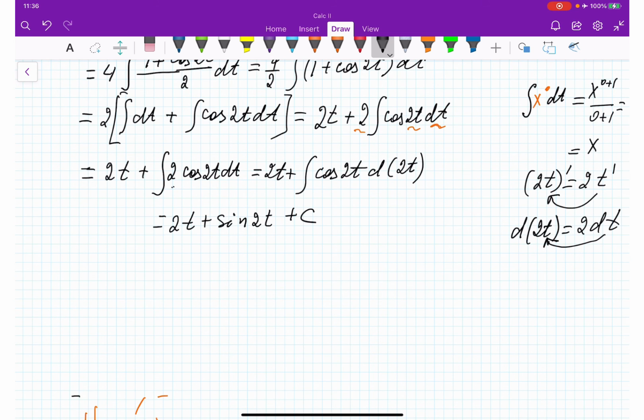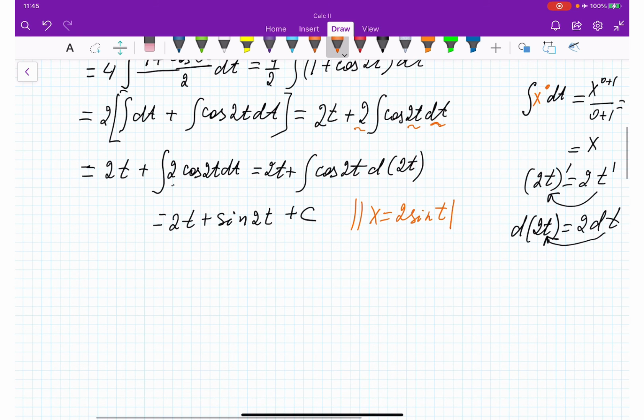Okay, so let me write down here again. We had x is equal to 2 sine t. We are bringing back, right? From t, we are moving back to x. So we need t.